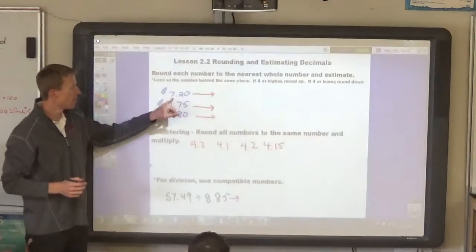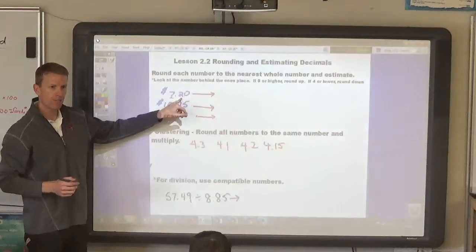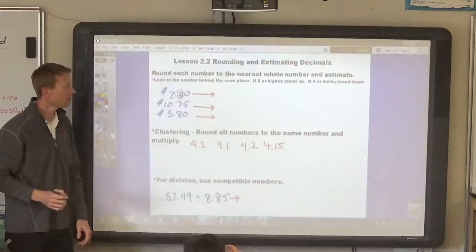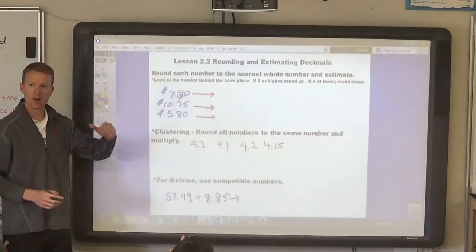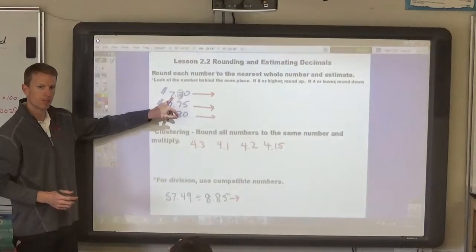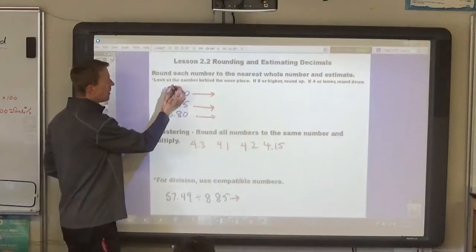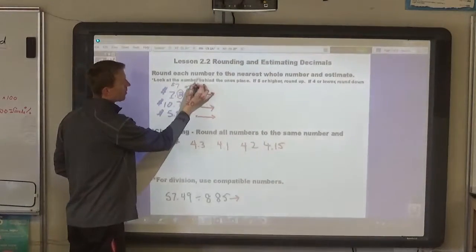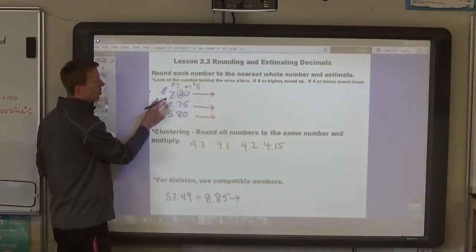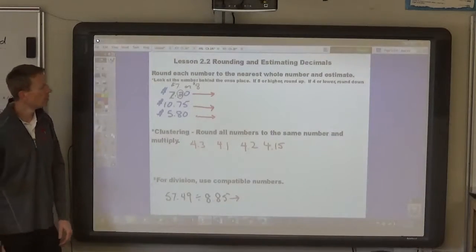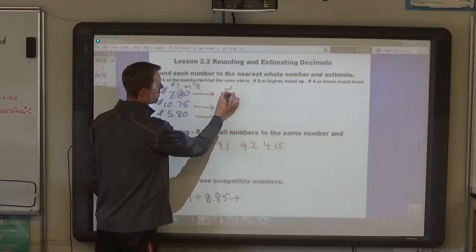If it is lower than 5, for example, 2 is lower than 5, then we round it down to the whole number. So that means we would round this to either $7 or $8. Which one is closest to $7.20? $7. So we round this one to $7.